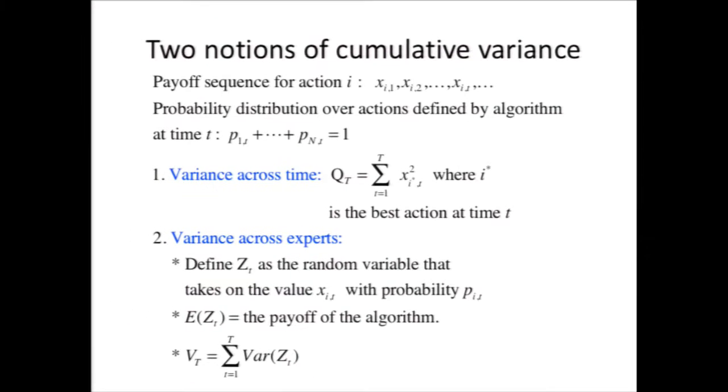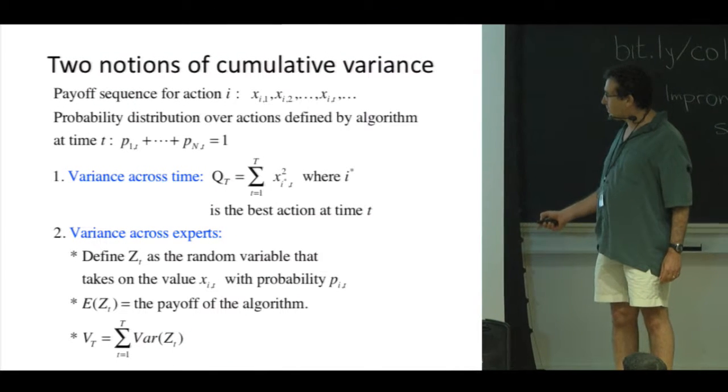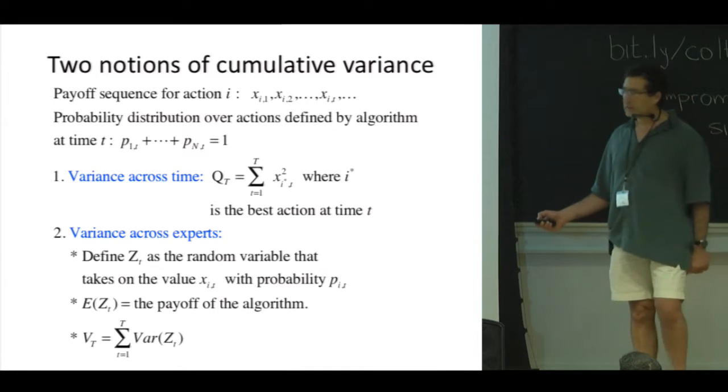I call this variance across time, because you fix one expert and you look at it across time. Variance across experts is that for time t, you think about z_t as a random variable that takes the value x_it with probability p_it. As a random variable, you can ask, what is its expectation? Well, the expectation is exactly the payoff of the algorithm, by definition.